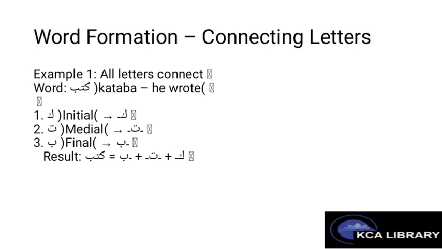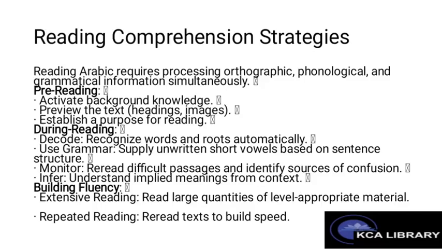So we give an example with kataba. We have the kaf plus the ta plus the ba, making it kataba. The kaf comes in initial position and it changes, just like seen on the slide. Then the ta also changes and the ba also changes.